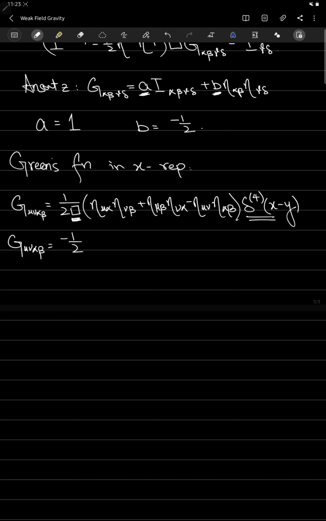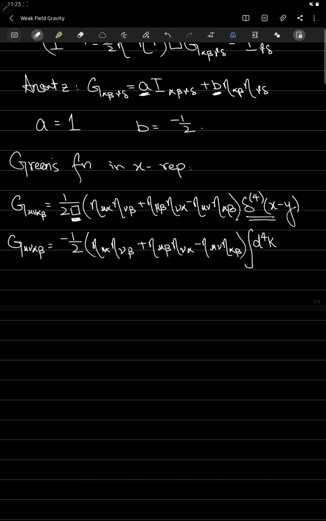more familiar form as minus 1 by 2 (η_{μα} η_{νβ} plus η_{μβ} η_{να} minus η_{μν} η_{αβ}) times the integral over what? Integral over the momentum, right? So d⁴k, where this k is not kappa, it's k, which is a variable for momentum.